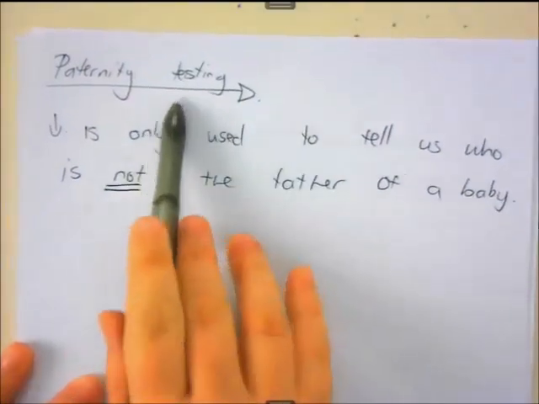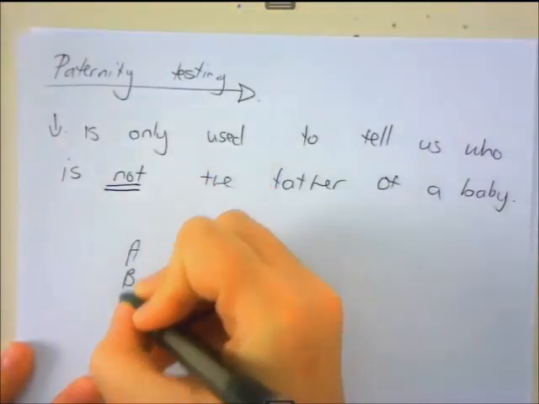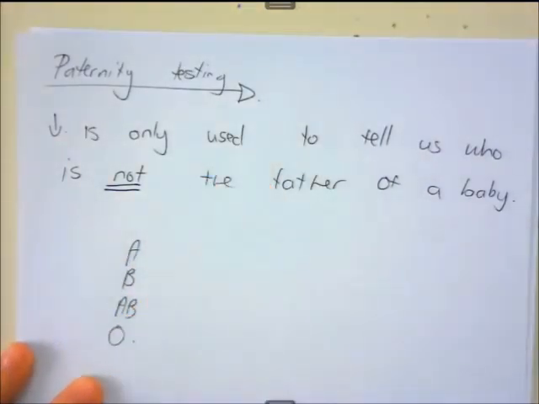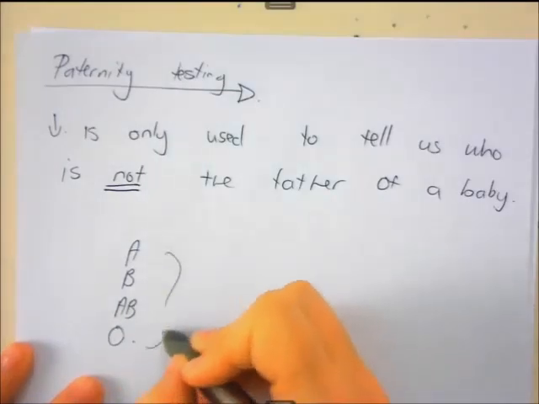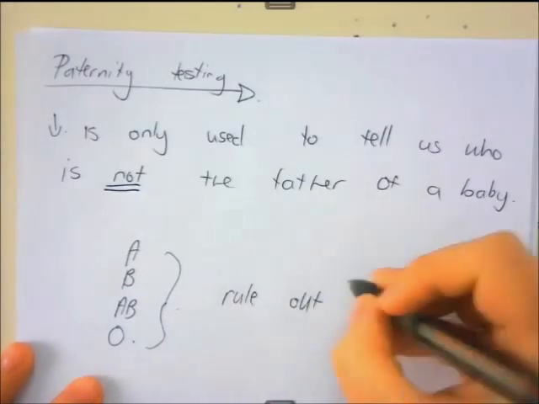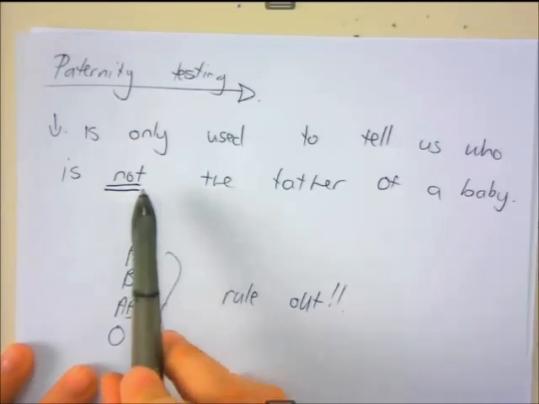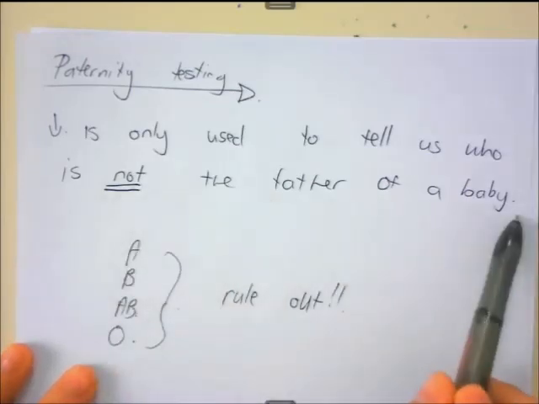If you only use the blood types of A, B, AB, and O, you are only going to be able to rule out people who have claimed to be the father of the child, or if a mother is claiming things like maintenance and she insists that one man is the father of the child. By doing a blood test, we are only able to tell who is not the father of the baby.